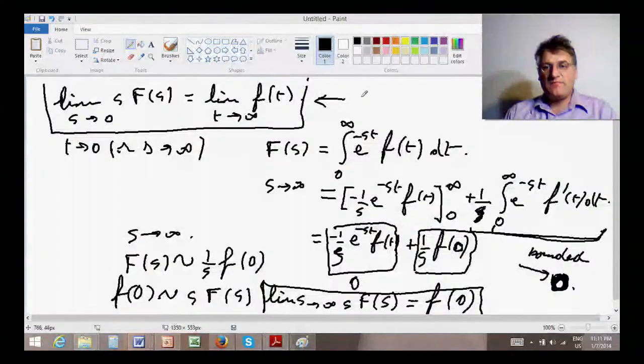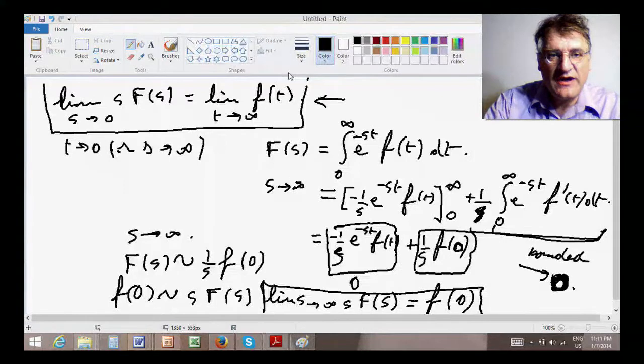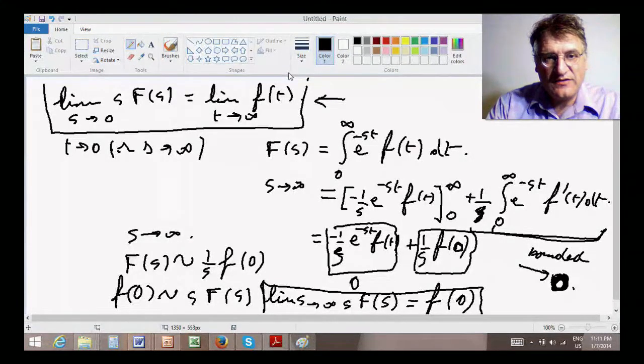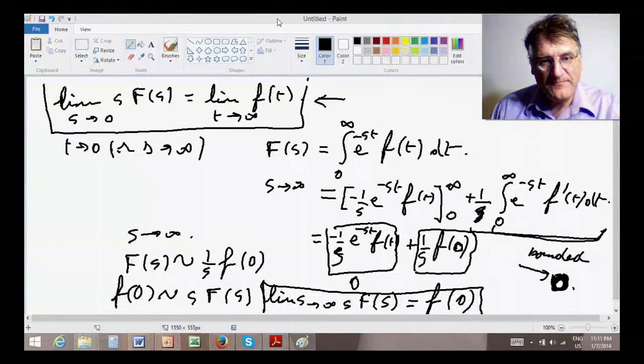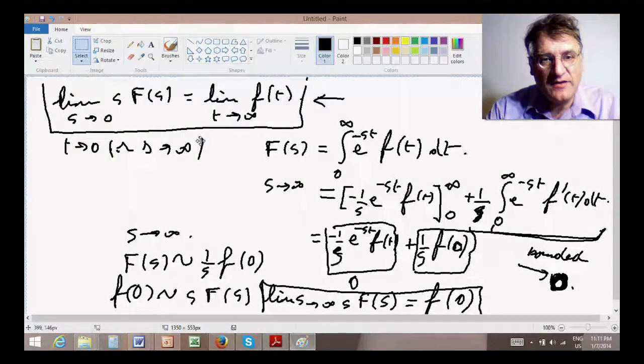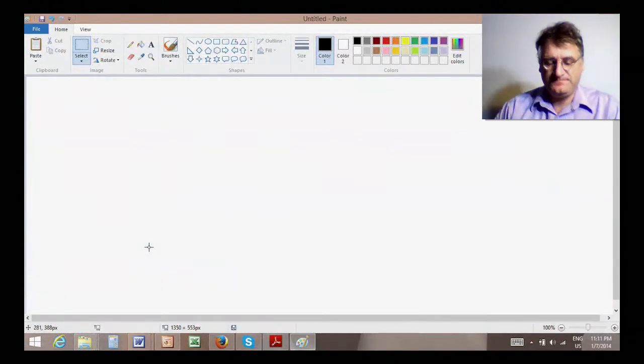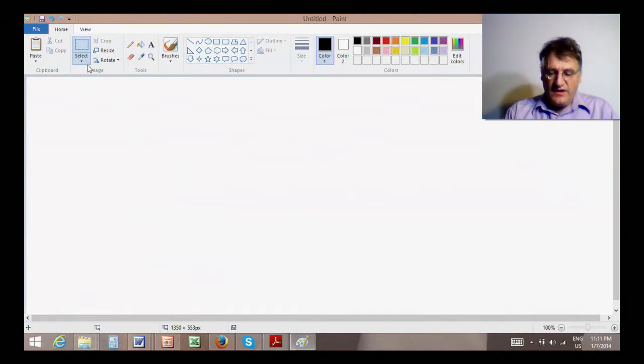So for that, I'm going to erase this and get restarted somehow. So how do I do that? Well, I'm going to start with an example.